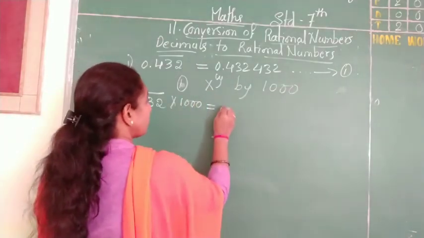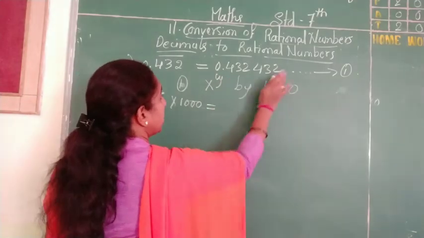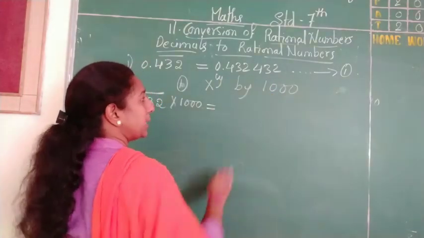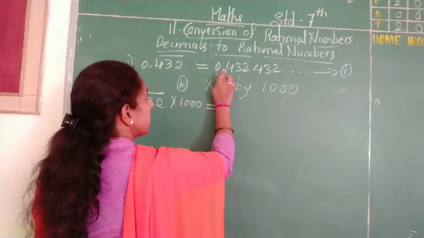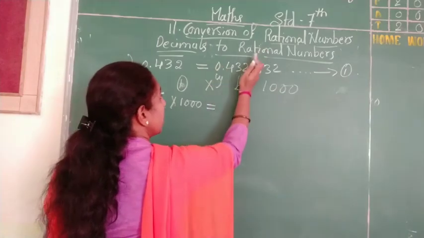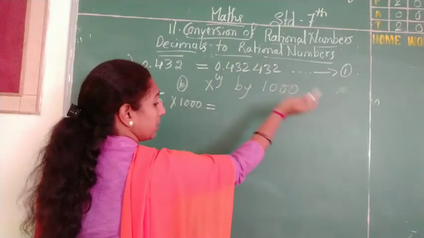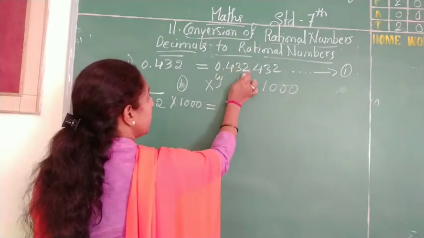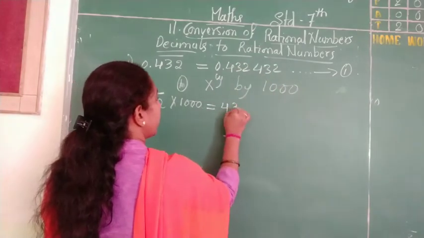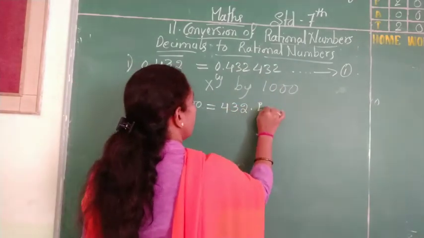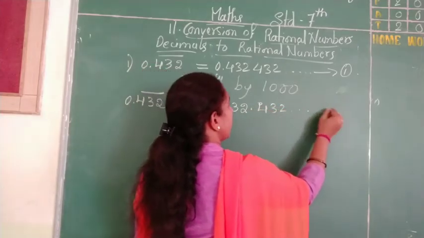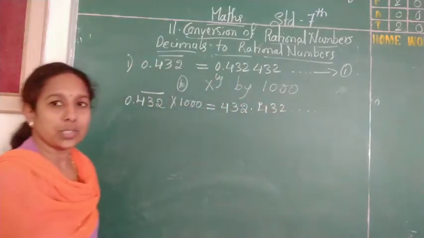Now after multiplying by 1000, what will happen? The decimal point will move 3 digits to the right side. So these 3 numbers will come before the decimal point, that is 432.432 and it will go on coming like that. Have you understood, children?